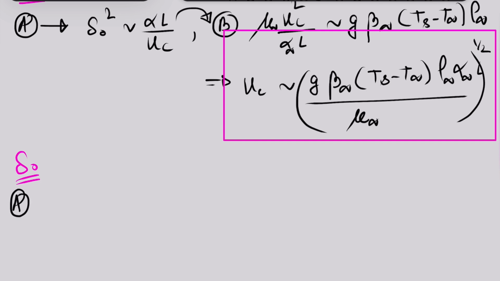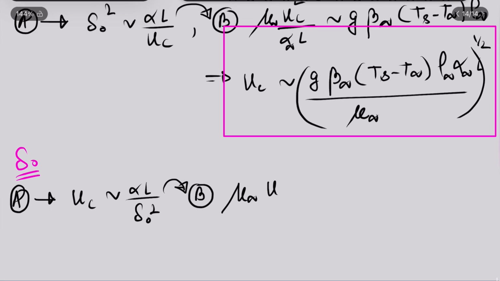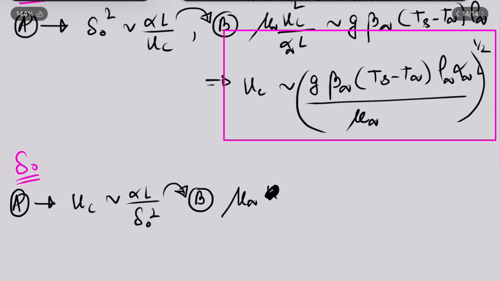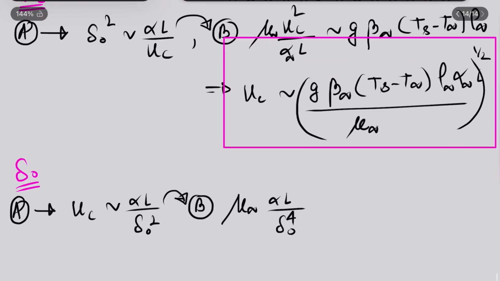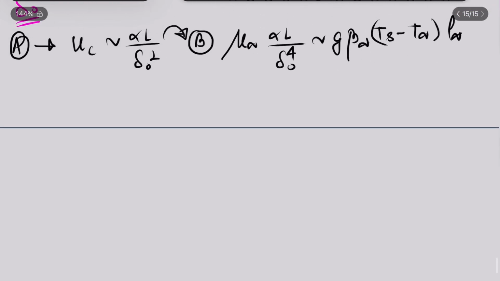So again from equation a we get uc is of the order of alpha L by delta naught square, and if I use this in equation b, then I will have mu infinity uc, and now instead of uc I will put this by delta to the power 4. This is of the order of g beta infinity ts minus t infinity into rho infinity. Okay, I hope I am not making any silly mistake.